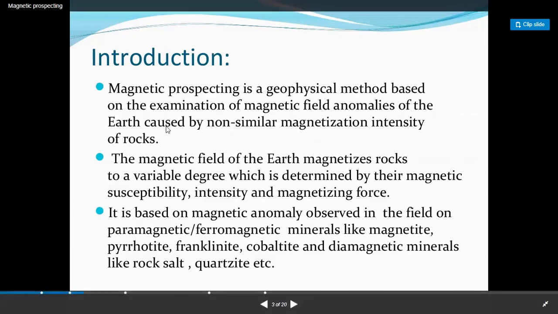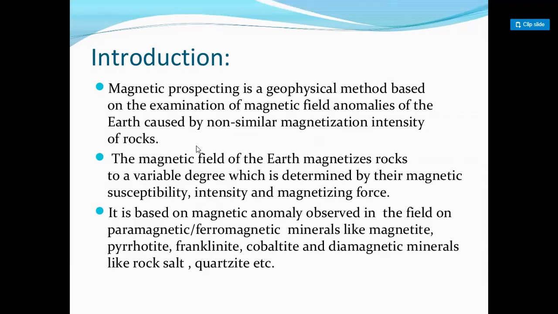The principle is magnetic field anomalies of the earth caused by non-similar magnetization intensity of rocks. Different types of rocks exhibit different types of magnetization. So we have to observe and calculate the different magnetization of different types of rocks.